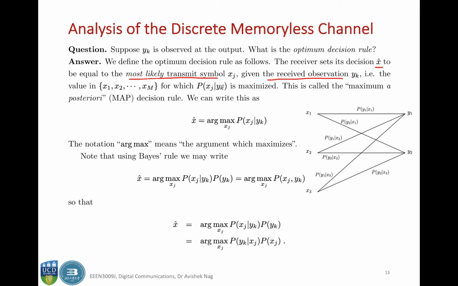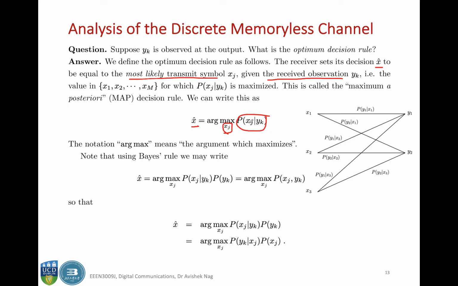So x hat is equal to that value of xj which maximizes this probability. So this is defined mathematically as argmax. So the notation argmax means the argument which maximizes a function.